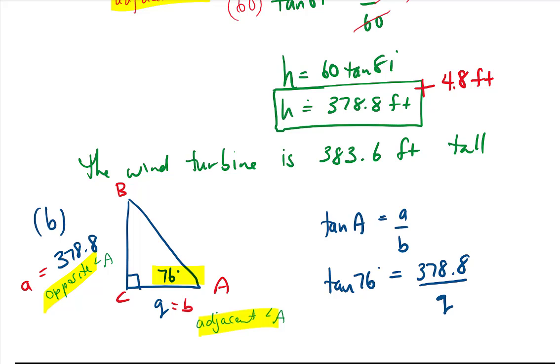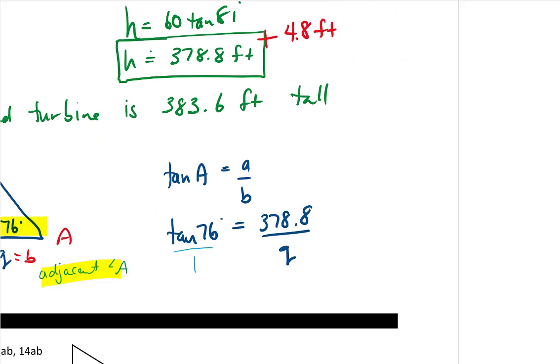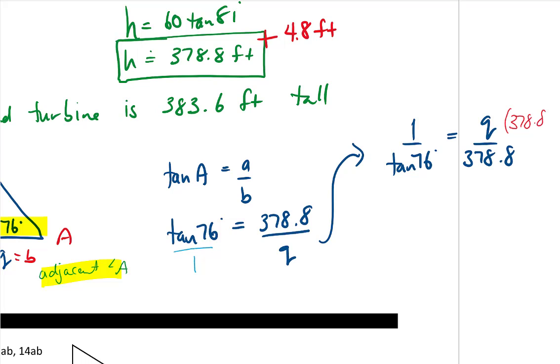Remember, this is the case when we have the variable in the denominator, so we're going to flip both sides of this equation. So we get 1 over tan of 76 is equal to Q over 378.8. To get Q by itself, we're going to multiply by 378.8 on both sides.